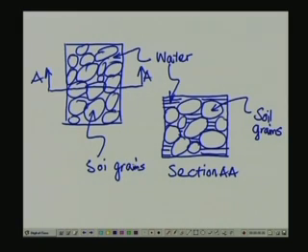So now if you consider that this particular element is subjected to a compressive stress in that direction, then a part of the compressive stress is going to be transferred through the intergranular contact between individual soil grains, and part of it is going to be taken by pore water.